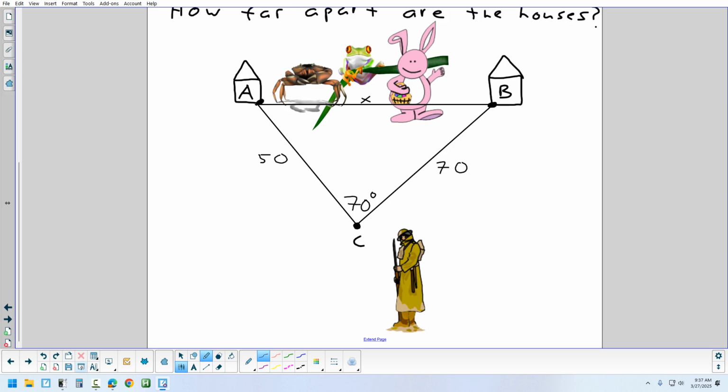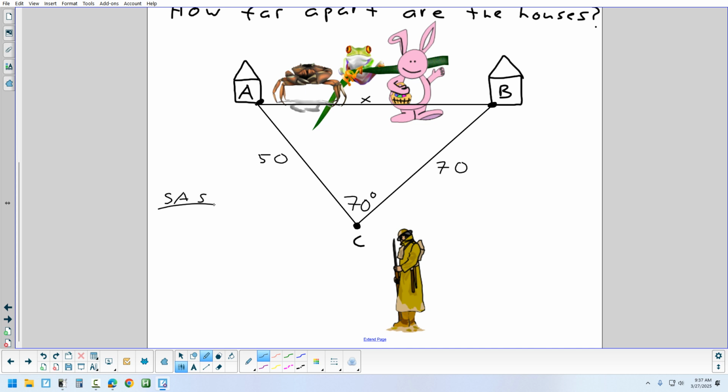All right. So based on the information that we have, what kind of triangle is this one? Right, it's a side, an angle between, and a side. So that means it is law of cosines.